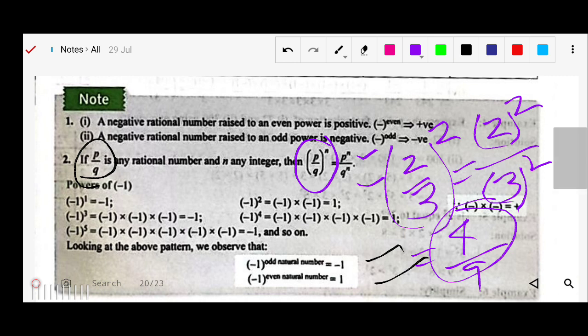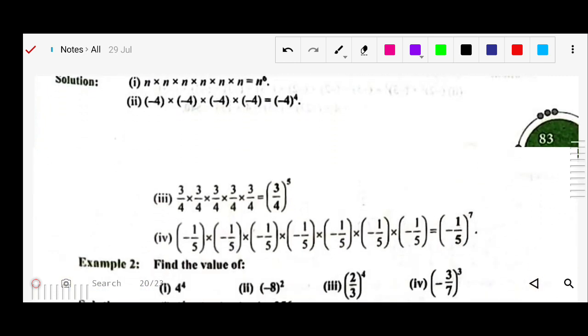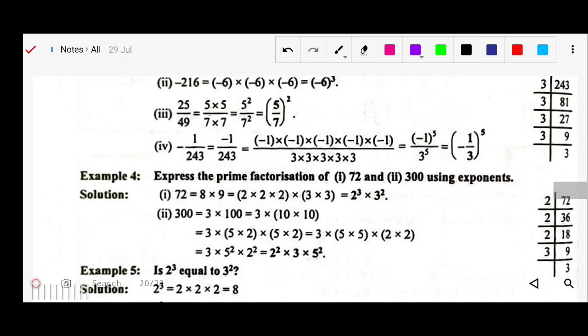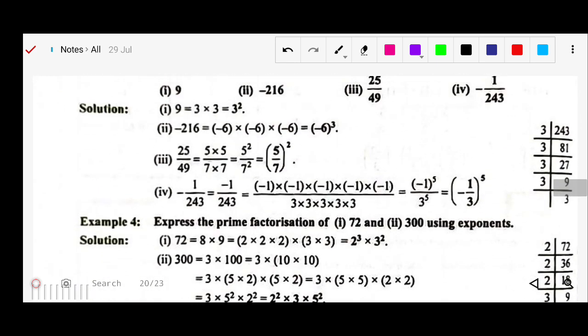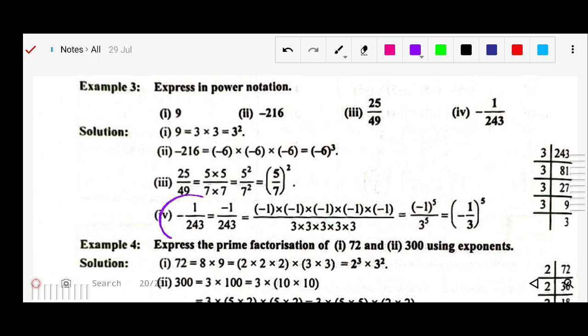So likewise you have to do these things, like 3 by 4, how many times? 5 times. See, now these are some examples of this. So you can see, here is negative 1 by 243. This 243 is factorized, so you can see 3 five times has been written.